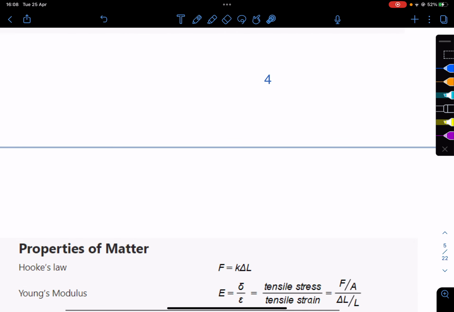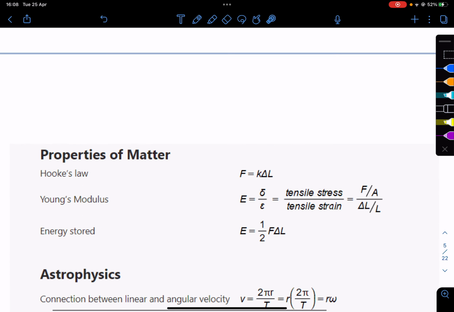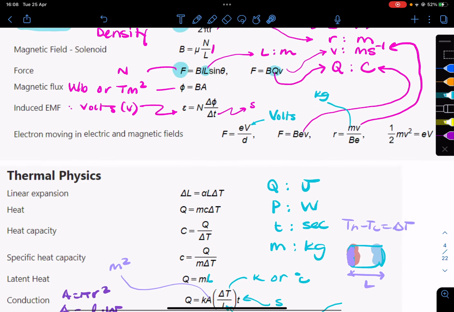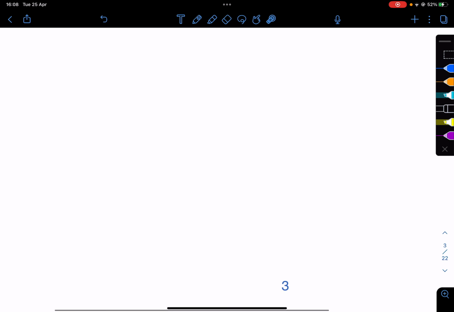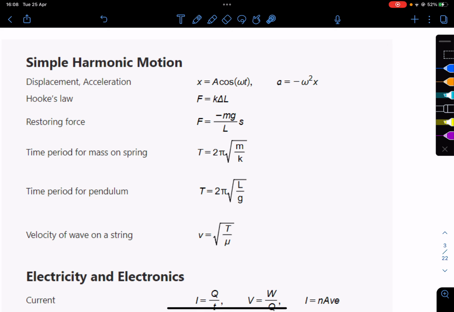I don't think there's much else, except simple harmonic motion. Let me see if we skip that. Yeah, so simple harmonic motion, you need to know things like acceleration is in meter per second squared, x is in meters, omega is in radians per second.